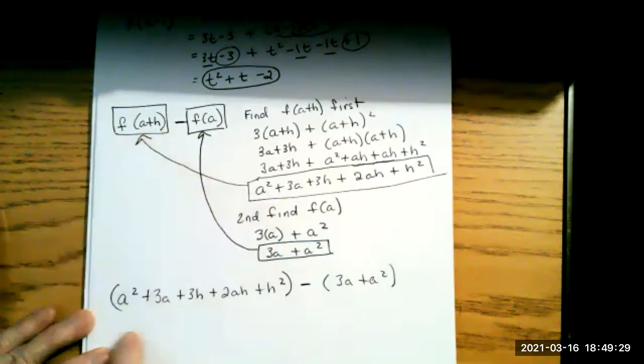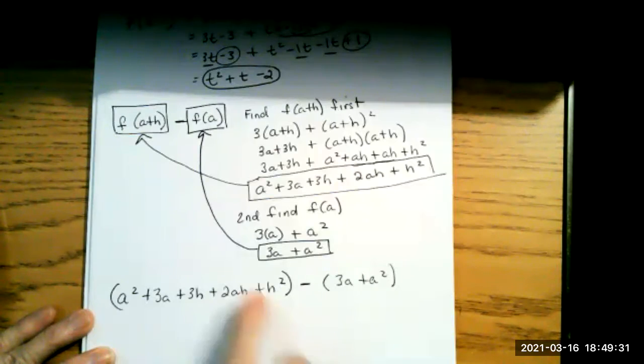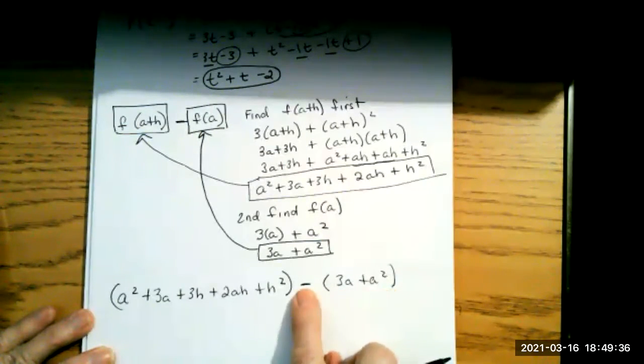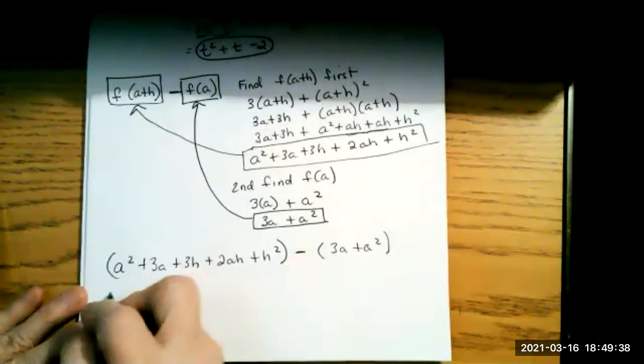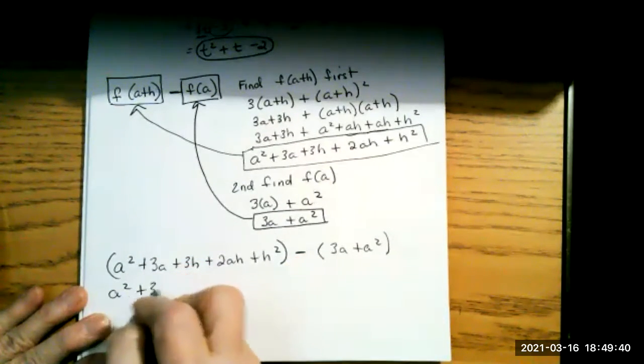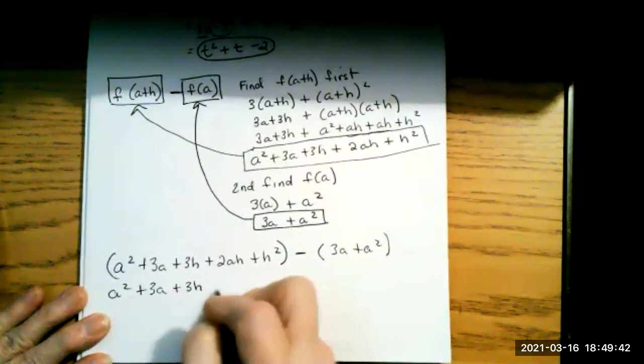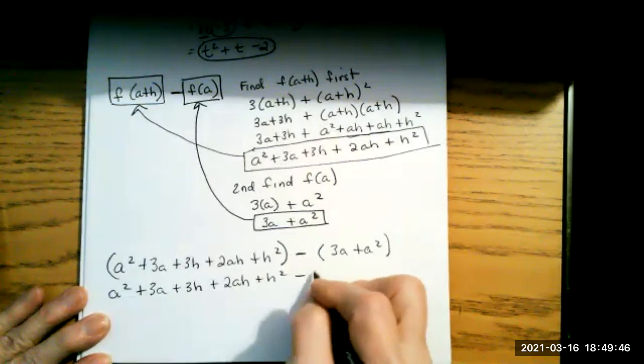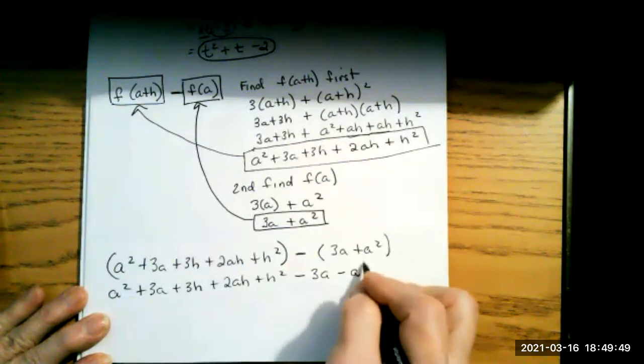So I have f of a plus h, which is this long thing, and f of a, which is this part right here. And I need to finish it by subtracting. So I have a squared plus 3a plus 3h plus 2ah plus h squared minus 3a minus a squared.